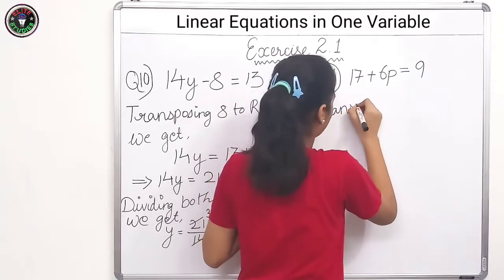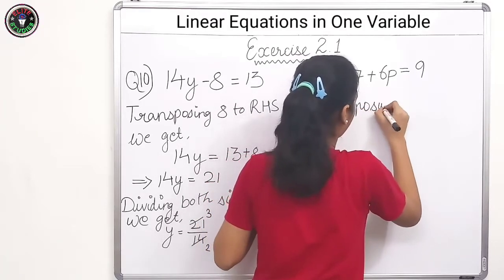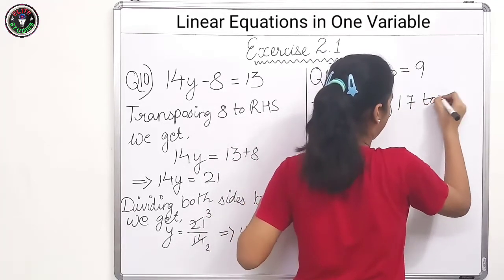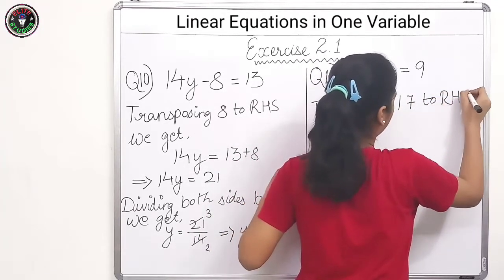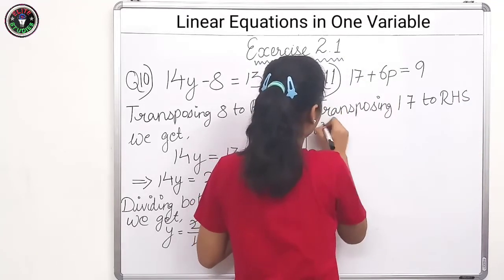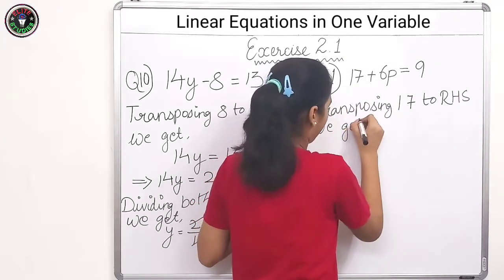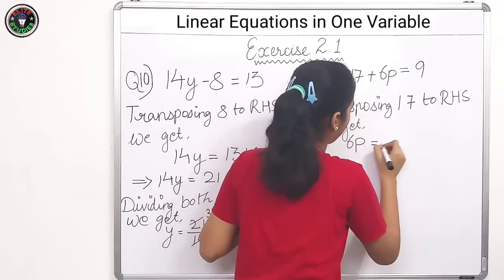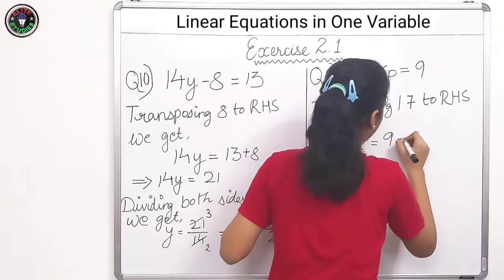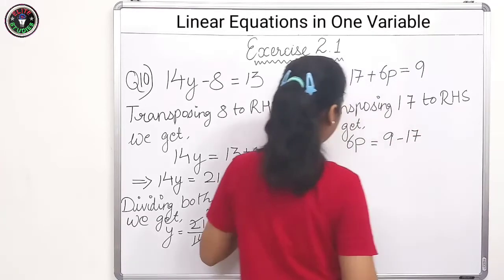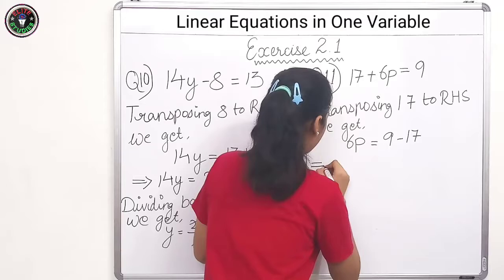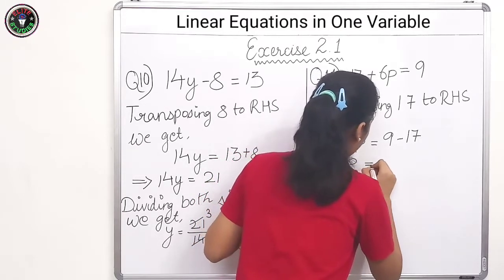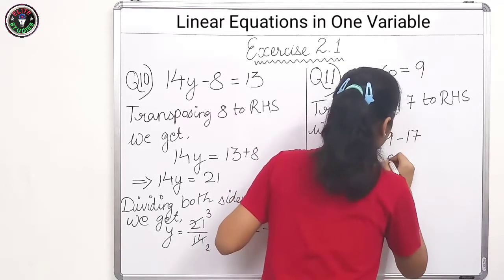Transposing 17 to RHS, we get 6p is equal to 9 minus 17, or 6p is equal to minus 8.